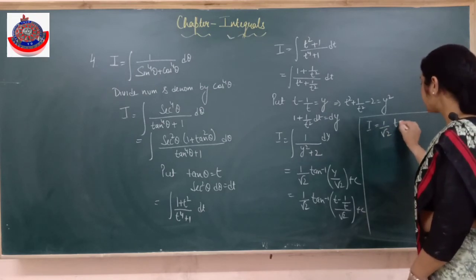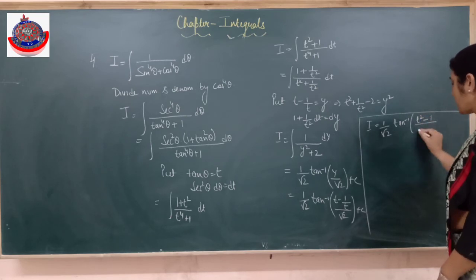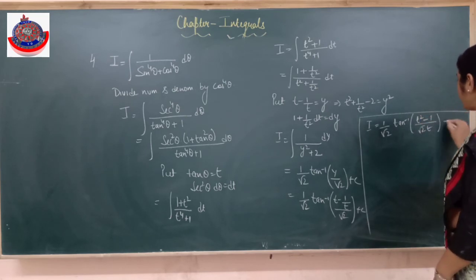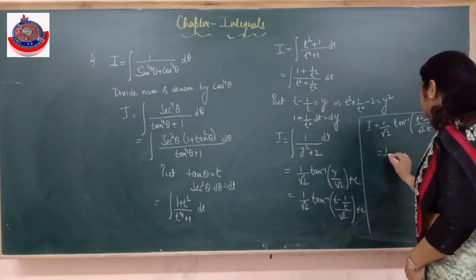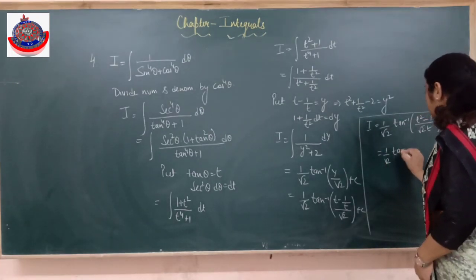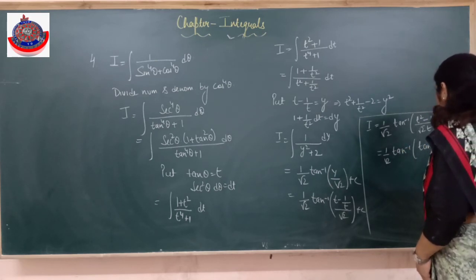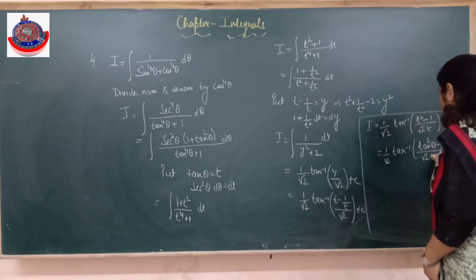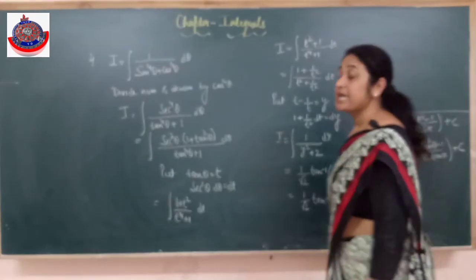I can take LCM. t² minus 1 upon √2t plus c. Put the value of t back, plus c. Is this clear, children?